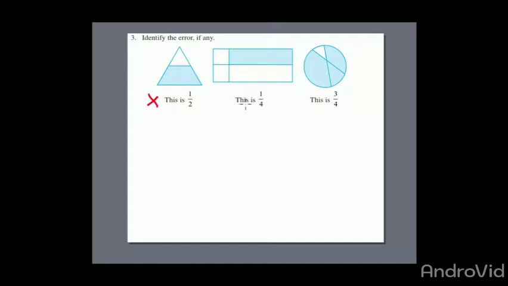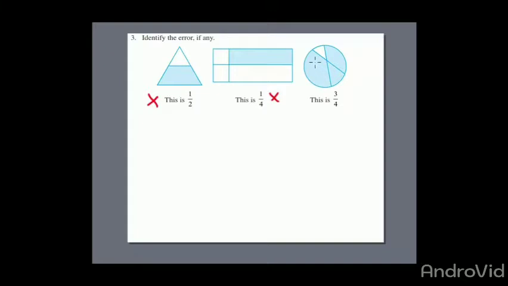Moving to the next figure, 4 parts have been made, but as we see only 2 are equal and the 2 others are equal, therefore it is also wrong.